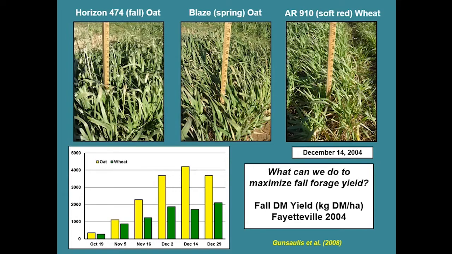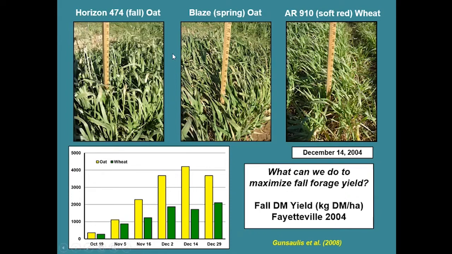So Dr. Bacon came up with a smorgasbord of cereal grain varieties or cultivars from different breeding programs throughout the United States. And we threw them out there with the primary response variable being the availability of forage in the fall. What I've put up here are three different entries.